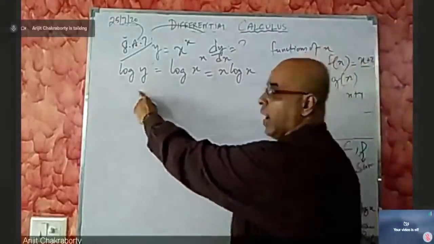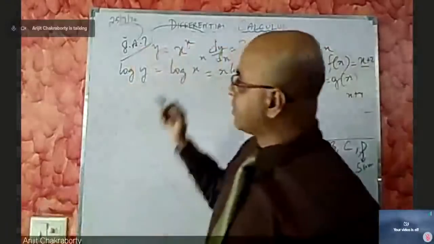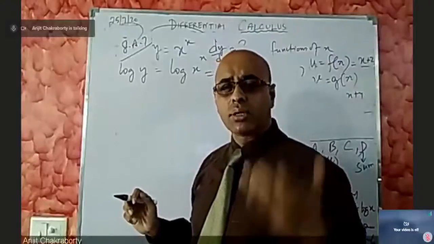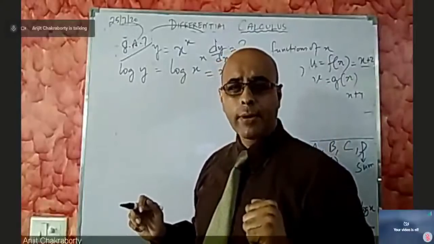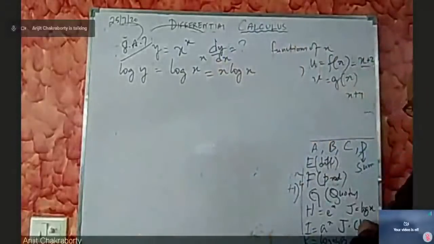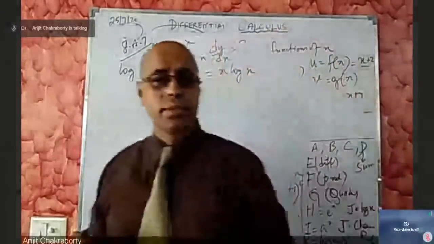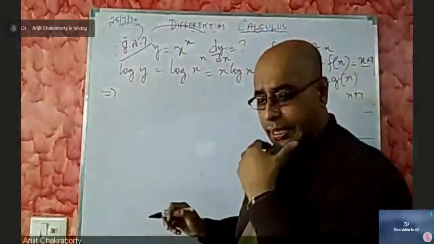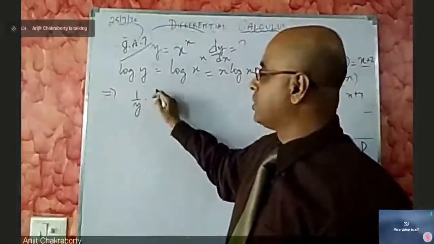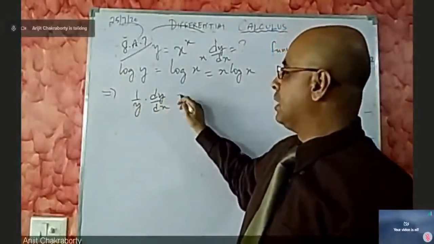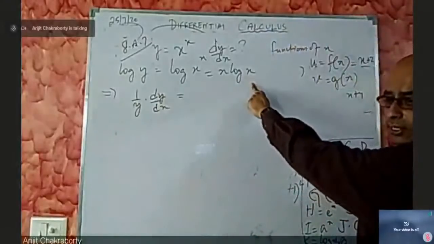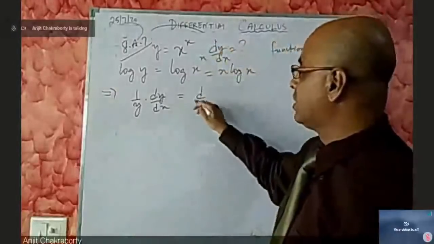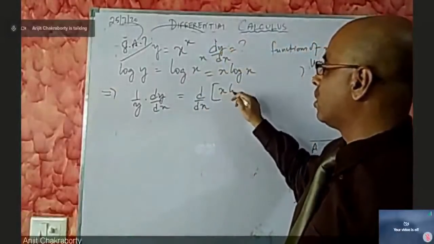If you take the derivative now, the derivative of log y is 1 by y, as in the log formula number J which you must have noted down. So this will become 1 by y into dy by dx, equal to x log x. I have to find the d by dx of that. So d by dx of x log x.